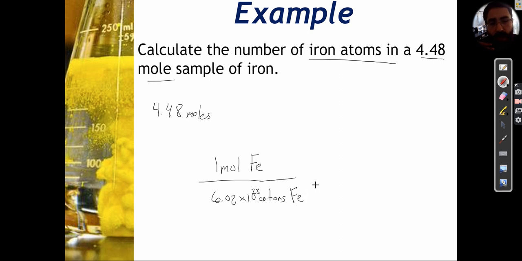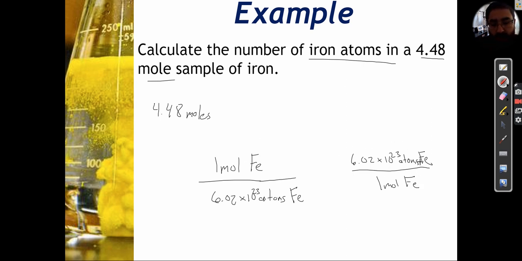All right. Now, whenever you have a conversion factor, you can always flip it around, right? And the value stays the same, 6.02 times 10 to the 23. It's basically rewriting or multiplying by 1, because 1 mole is the exact same thing as 6.02 times 10 to the 23 atoms.